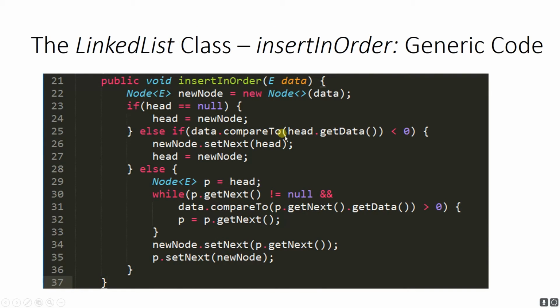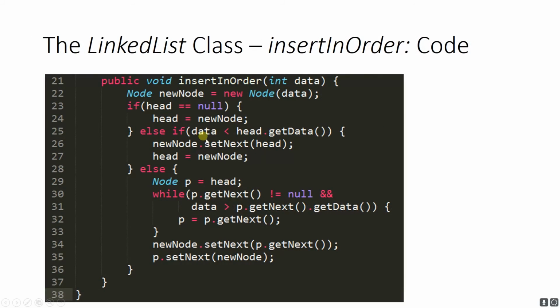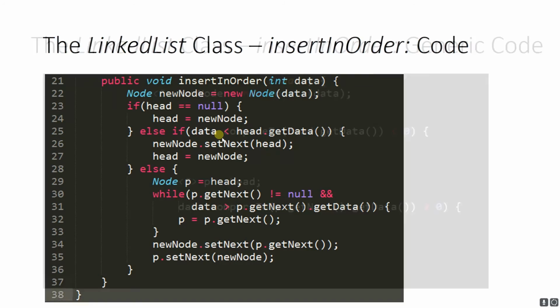And this is a consistent interface that should be implemented in anything that goes into a generic class like this. If we were to do the same thing with a person class that we've written, we need to make sure that we implement the comparable interface. And that way, this compare_to method will be defined for people as well. So we can't use a less than. If we were to not change it, if we left our code the same as this, it wouldn't compile.